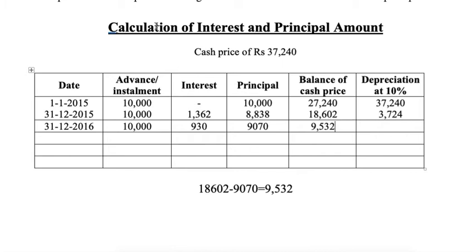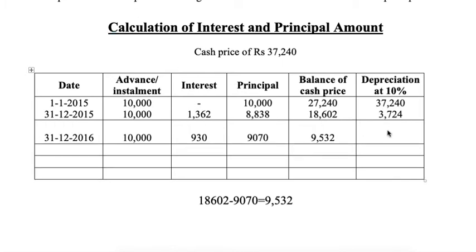Now see here, before that we have to find the value of the asset at the end of the year first. Because the depreciation value is 3,724, and 37,240 is the total cash price, we are going to deduct this 3,724 from 37,240.